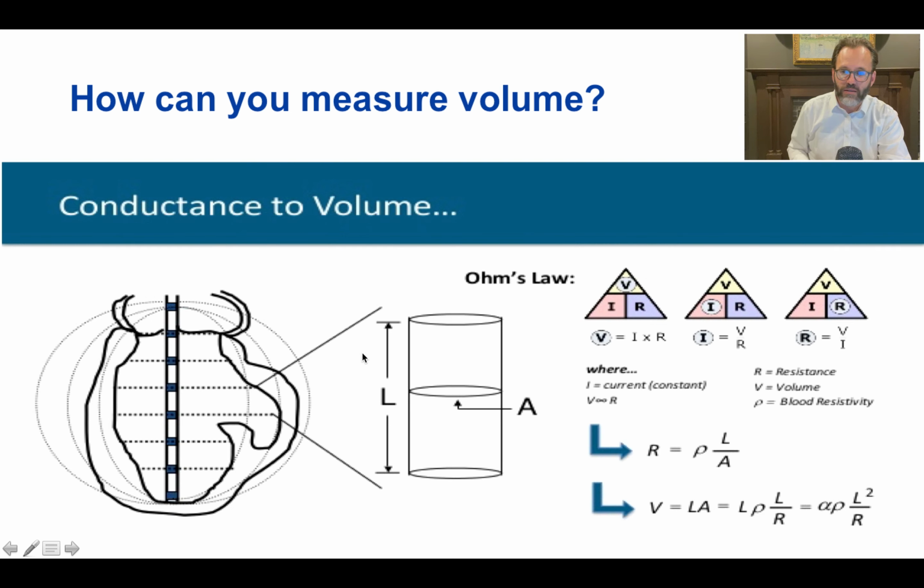And of course, this is built on the fundamental assumption that as you go down with each one of these conductance measurement points, you're solving for the volume of a cylinder, which again is certainly not a perfect assumption for the left ventricle, or certainly not for the right ventricle, which is more crescent-shaped. But it can provide an estimate, most often, of left ventricular operating volumes.